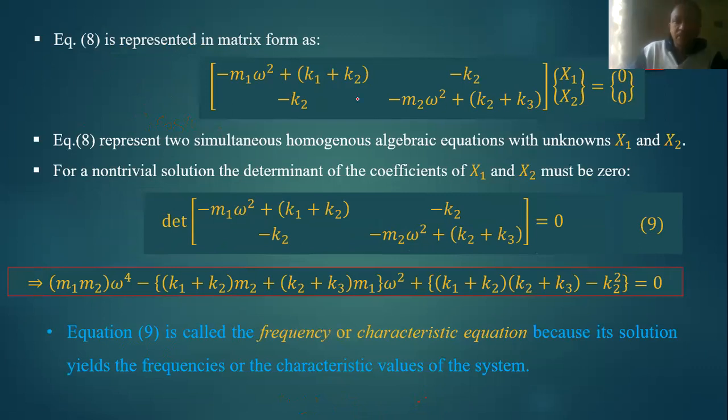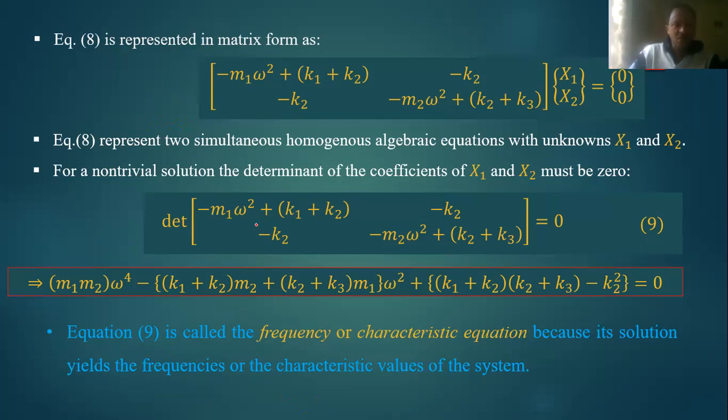The term inside the square bracket is again taken for finding the frequency equation or characteristic equation, which we also call the eigenvalue equation. Here X1 and X2 are considered eigenvectors, and the term here provides our eigenvalues.